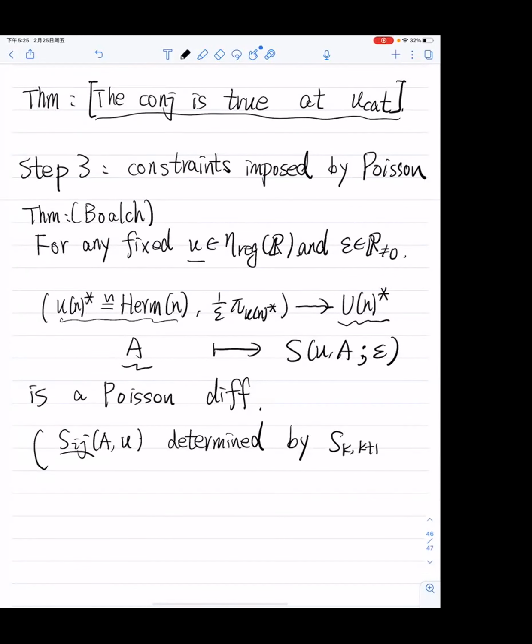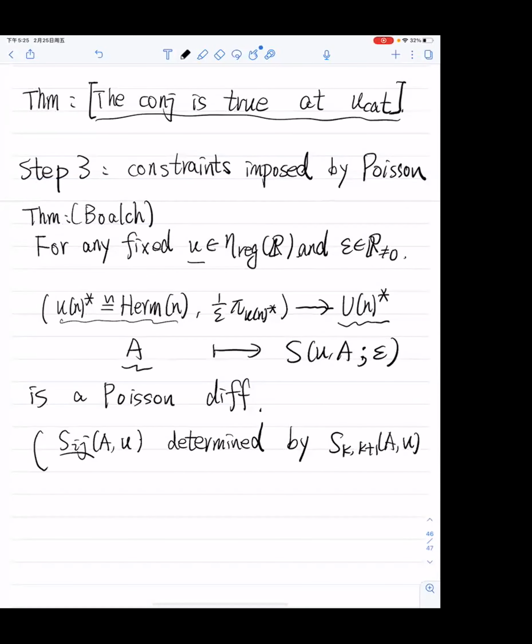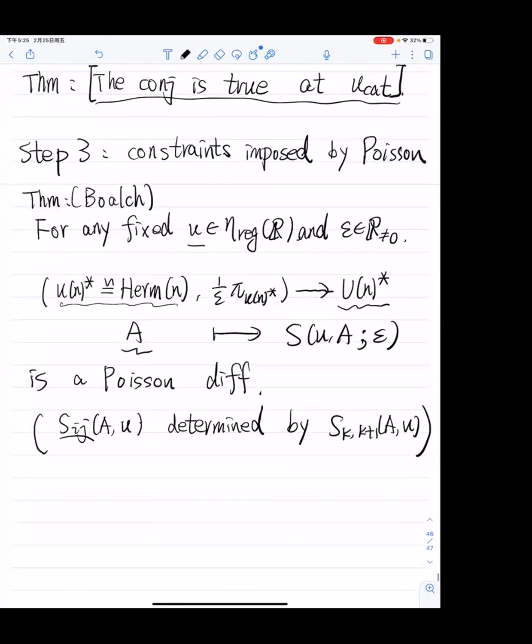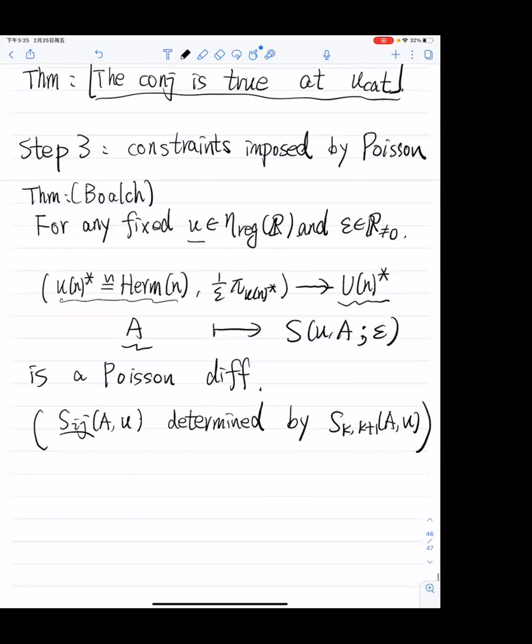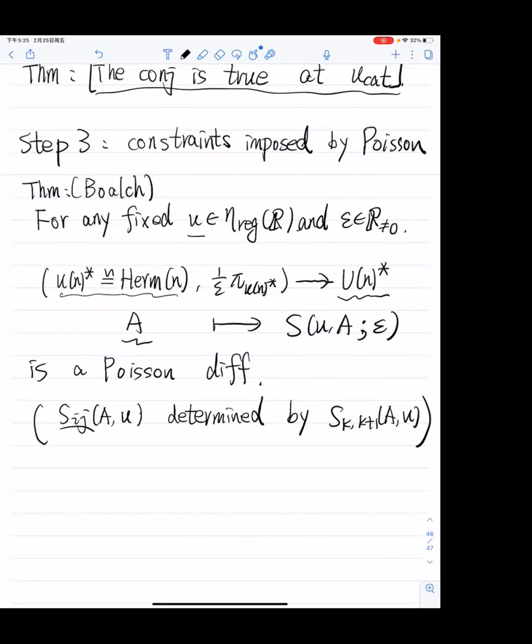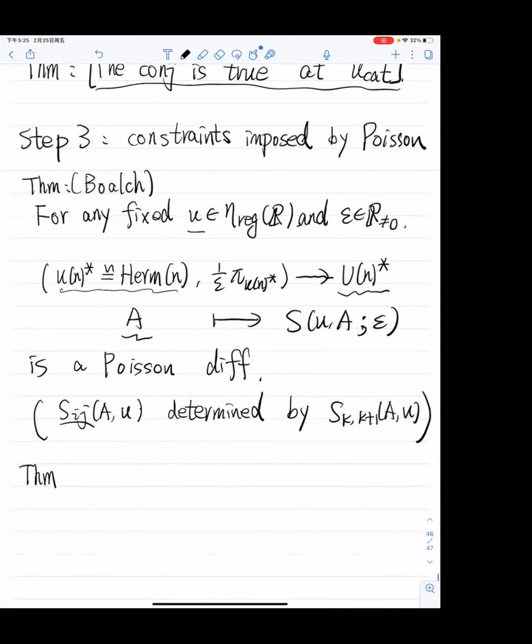This is simply from the Poisson structures on the Boson side. And now we try to get more out of this. We try to incorporate the epsilon limit with the Poisson structure.